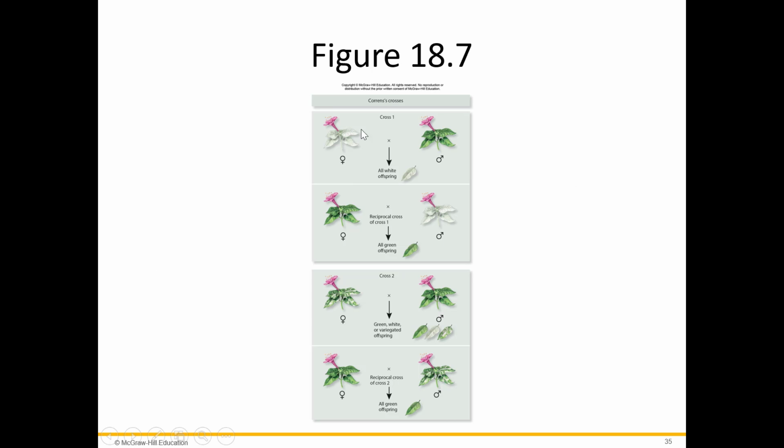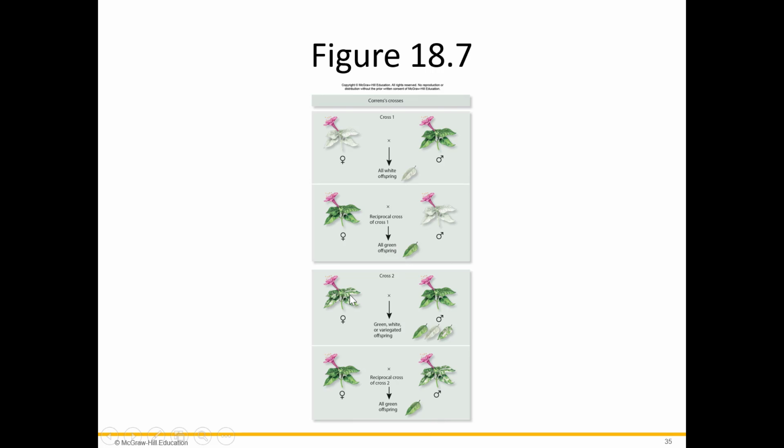You can see here, if you have a female that's white, all the offspring are white, even if the paternal line is green. In the reciprocal cross, if you have green in the mother and white in the father, then all the offspring are going to be green.